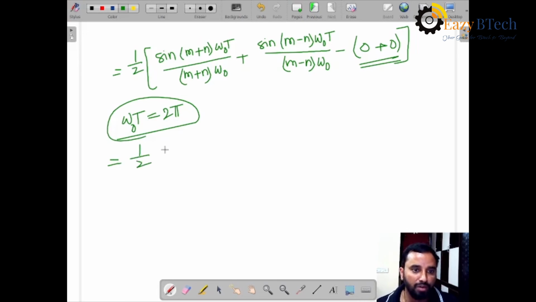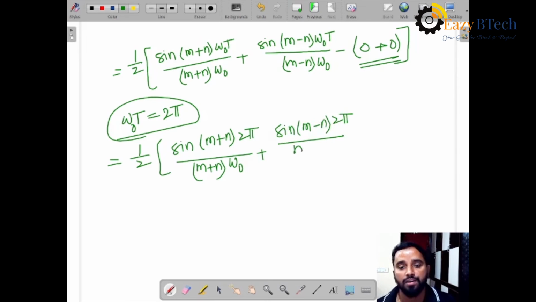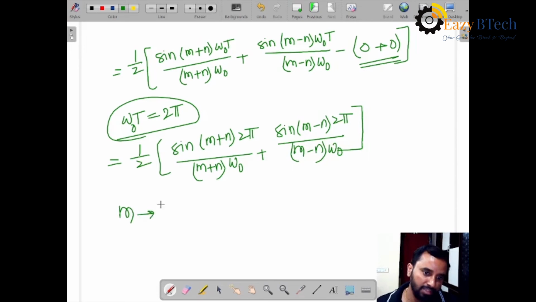So then 1 by 2 sine (m plus n) 2 pi by (m plus n) omega naught, plus sine (m minus n) 2 pi divided by (m minus n) omega naught. What about m and n? They are integers. M is an integer, n is an integer.